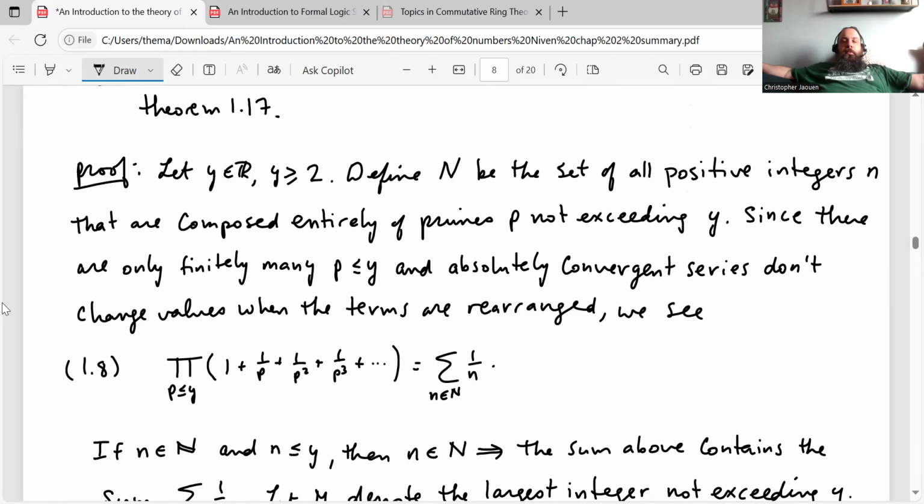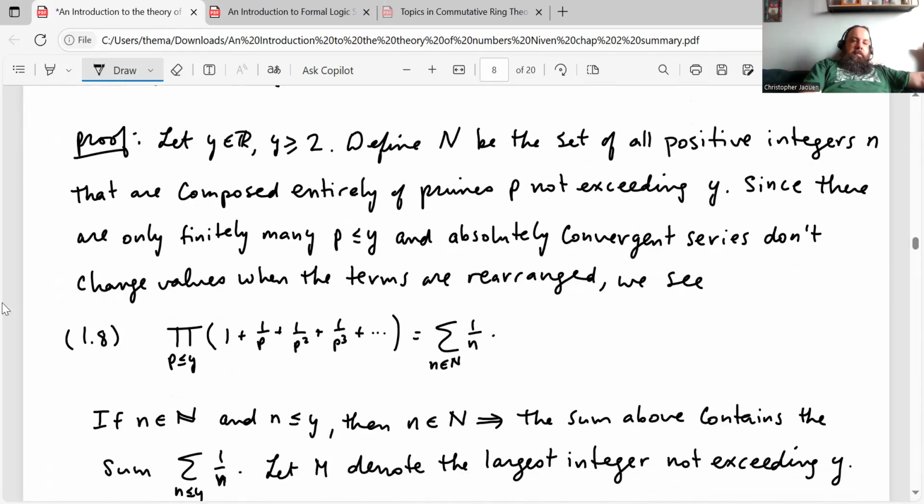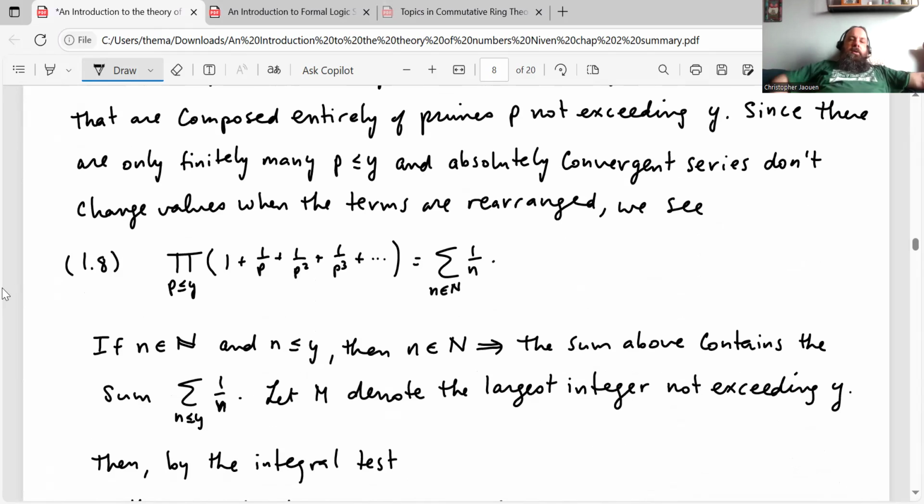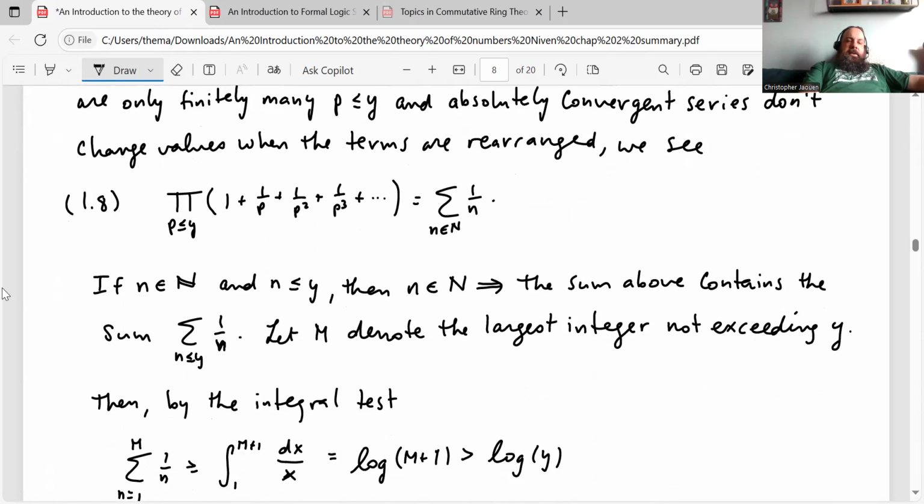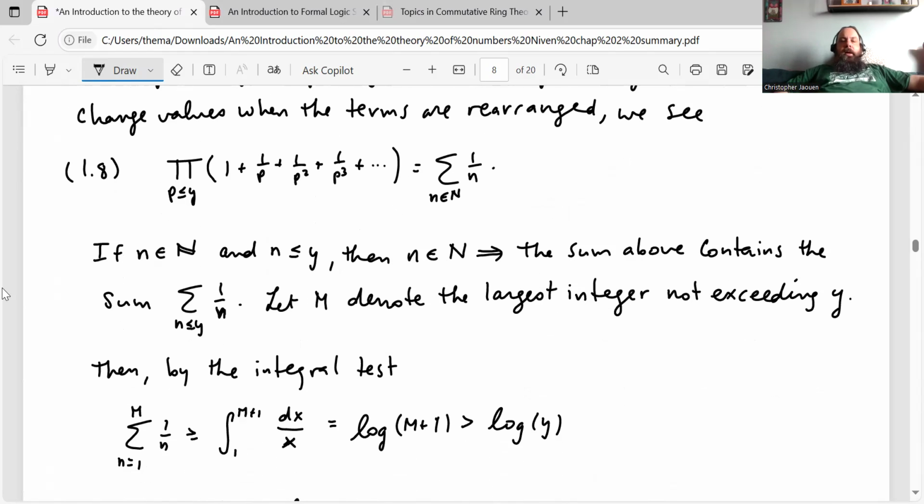Since there are only finitely many p less than or equal to y, and absolutely convergent series don't change values when the terms are rearranged, we see that, labeling this as 1.8, the product of the geometric sums 1 + 1/p + 1/p^2 + etc., for all primes p less than or equal to y, is equal to the sum of the reciprocals of all natural numbers in the set N. If n is a natural number and n is less than or equal to y, then n is an element of N, which implies that the sum above contains the sum of 1 over n for all n less than or equal to y.